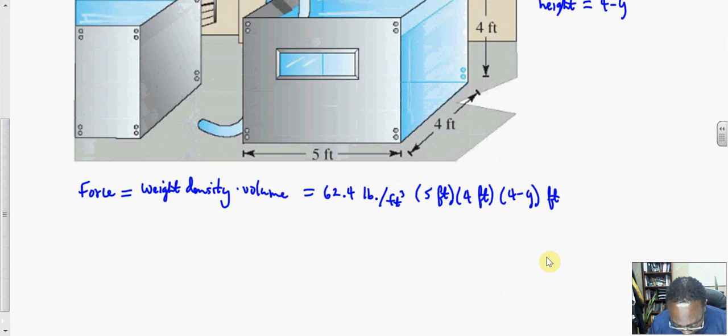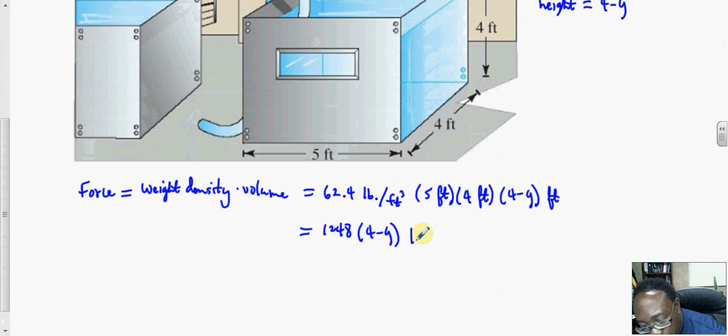And that gives us 1,248, and then this is times 4 minus y. Well, that just gives us pounds. What does the foot-pounds come in terms of? This here gives us the force, and then the distance is calculated by the dy.